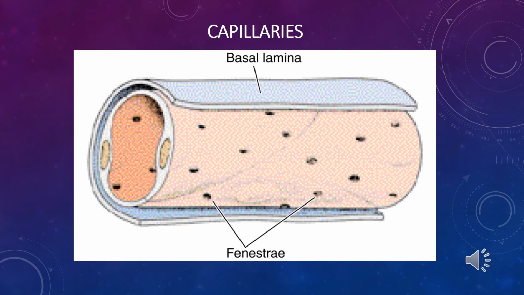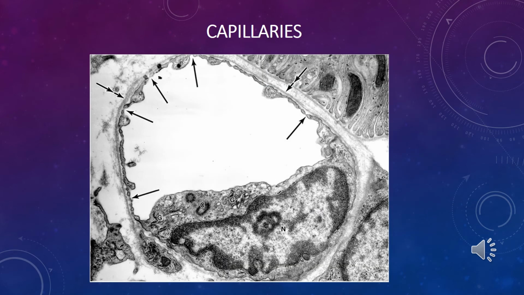On this slide is a scheme of the composition of a capillary. It's a fenestrated capillary because the fenestra are visible, the apertures in the endothelial cell, the black points in this picture. Basal lamina covers and forms the wall of the capillary. Here is an electron micrograph section of a fenestrated capillary.